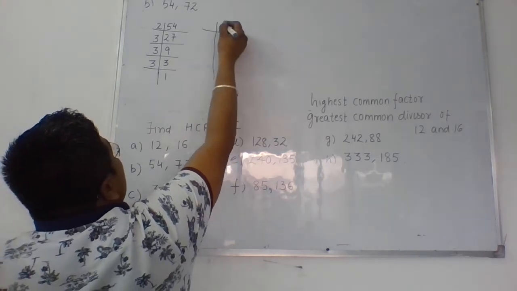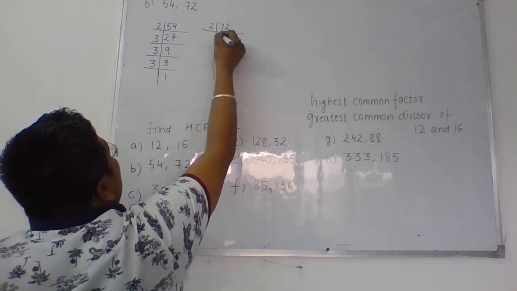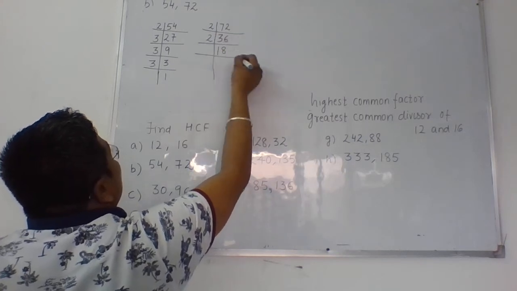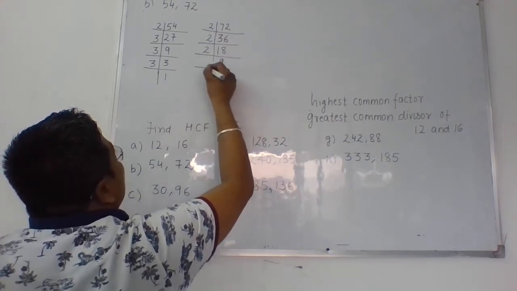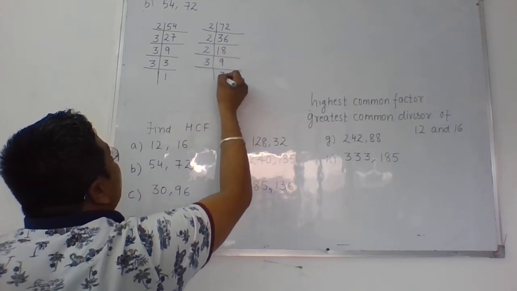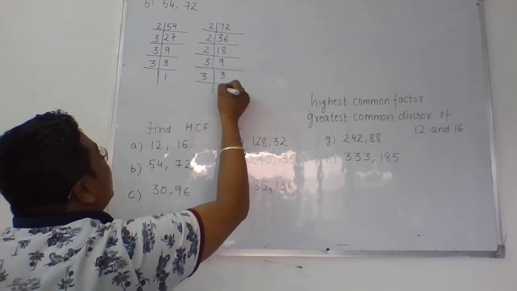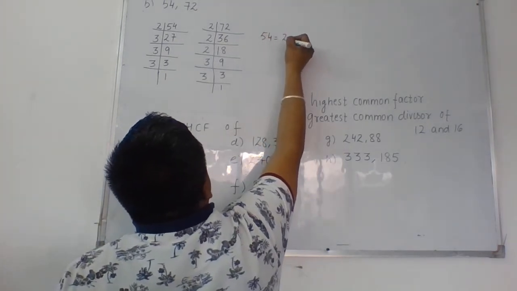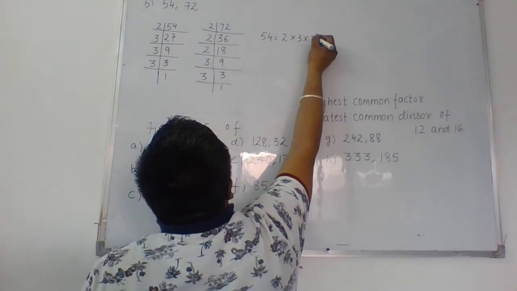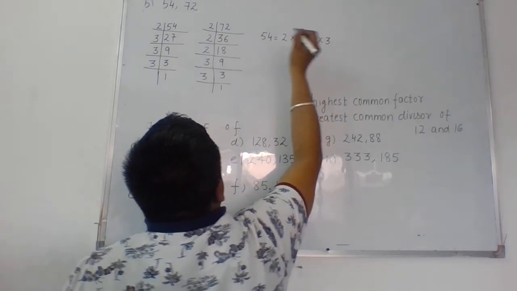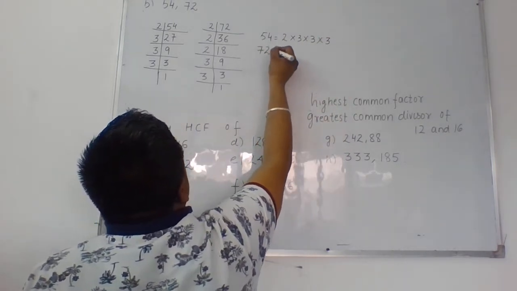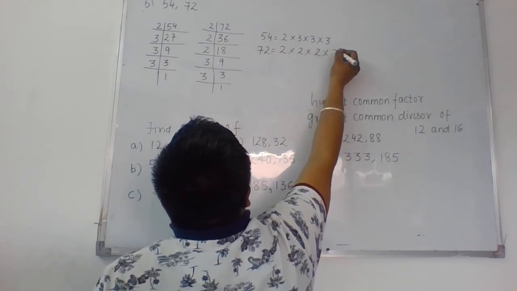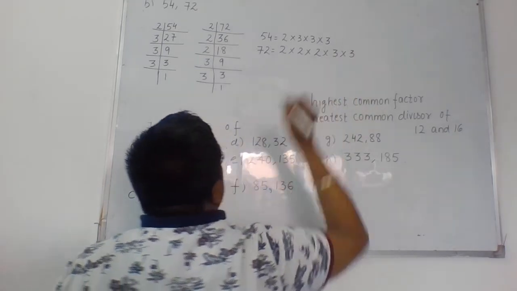Similarly, prime factorization of 72, firstly divide by 2, then again divide by 2, then again divide by 2, then divide by 3, and again divide by 3. So we can write 54 as 2 into 3 into 3 into 3, and 72 as 2 into 2 into 2 into 3 into 3.